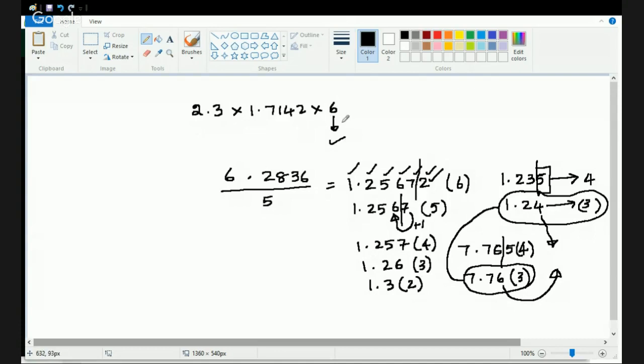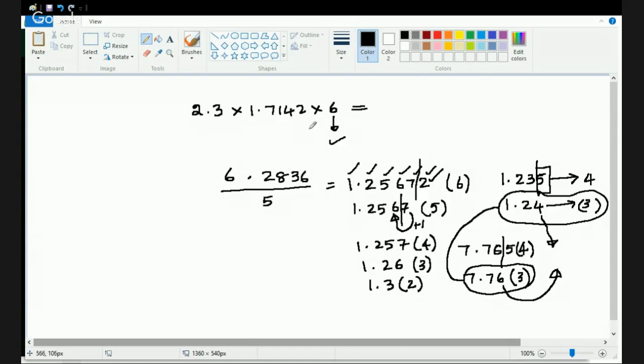Whenever one significant digit happens to be the least number of significant figures, you must round off the others also to a number of significant figures 1 greater than the least. Now the least is 1 only, so you must round off the others to 1 greater than 1, that is 2.